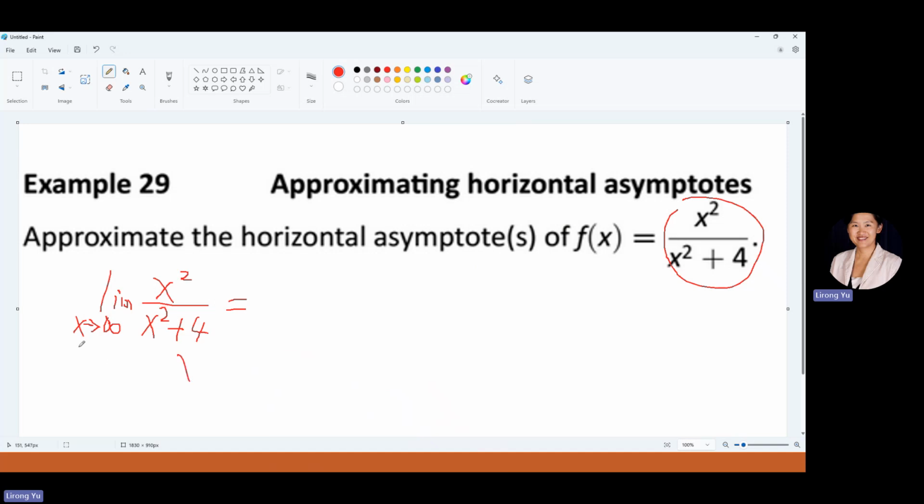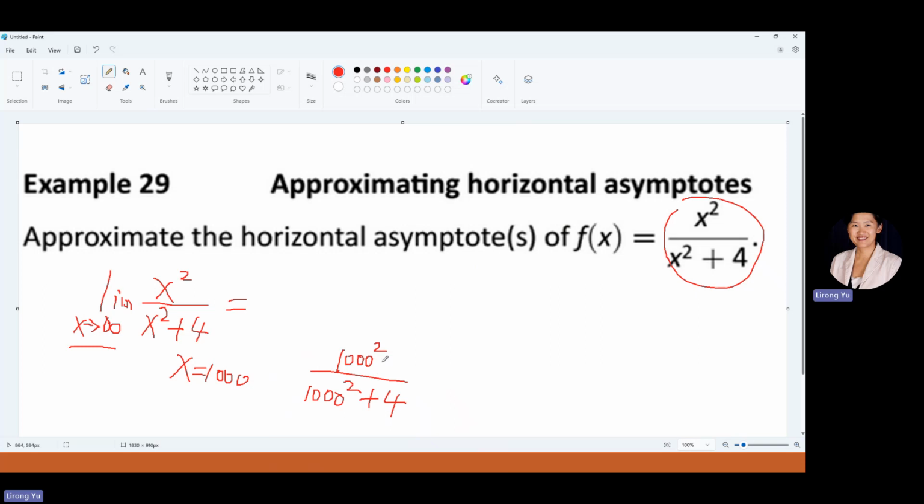Let's try a number. X goes to infinity, the meaning of it is x is arbitrarily large. So we can make x equal to 1,000, right? If x equal to 1,000, that's pretty large already. So the numerator is 1,000 squared, and the denominator is 1,000 squared plus 4.